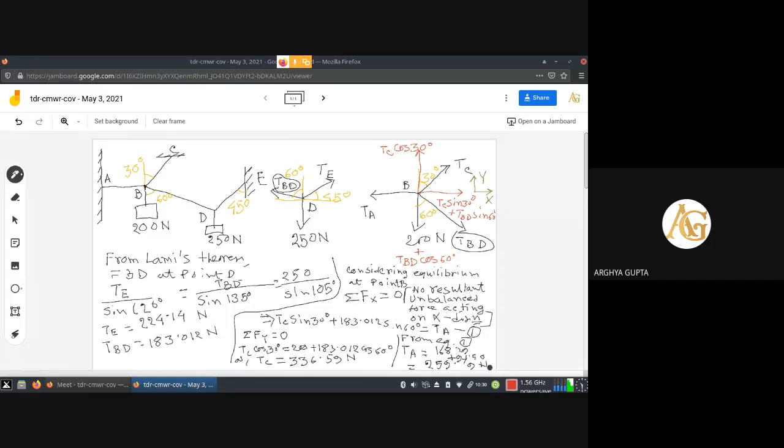Later on, when you do this problem at home, please check whether my answers are correct or not. But these problems can be solved like this.